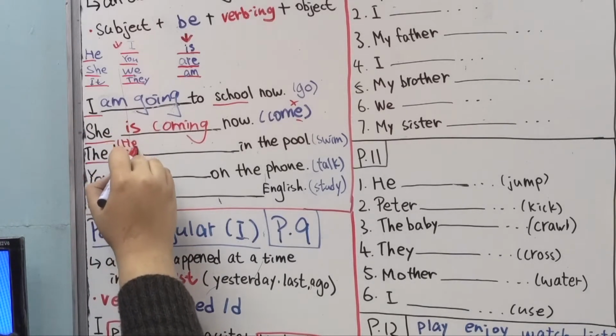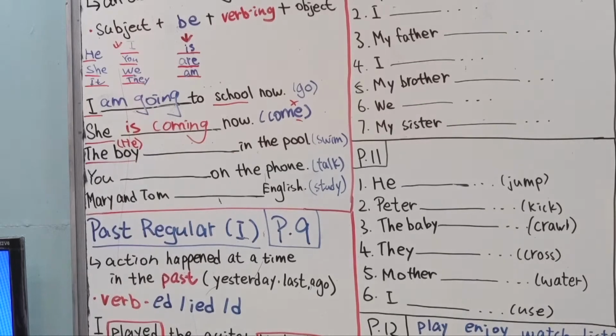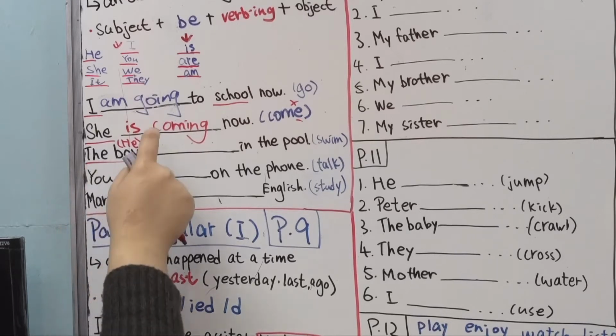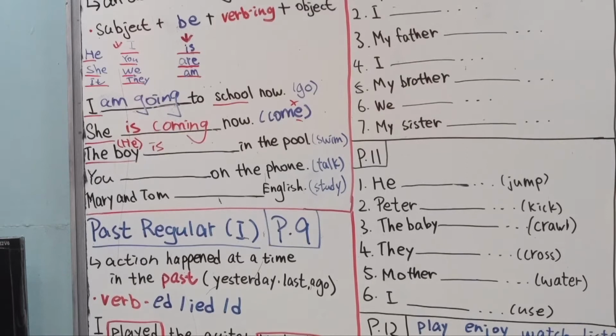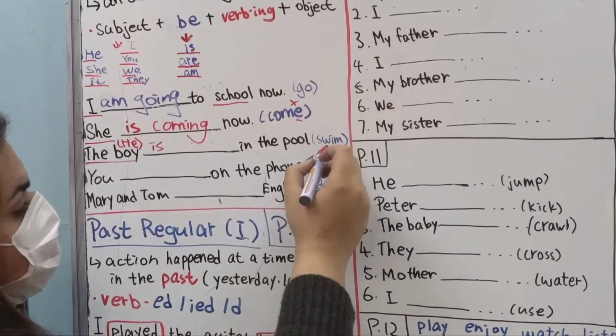The subject pronoun for the boy is he. Which verb to be do we use for he? We use is, right? The boy is what in the pool? The verb is swimming.